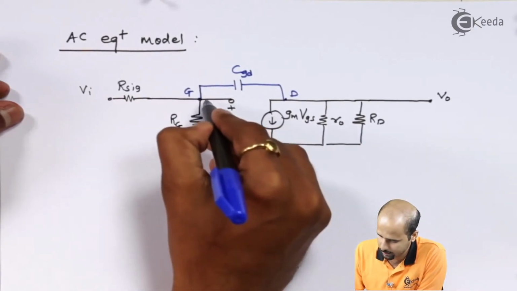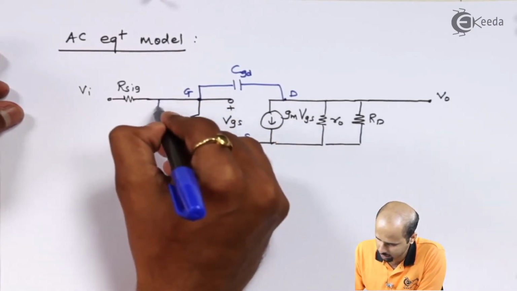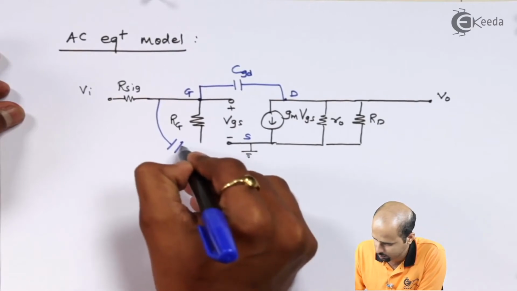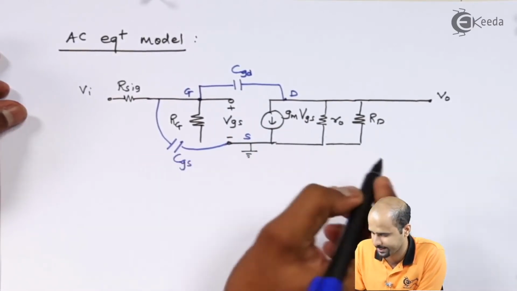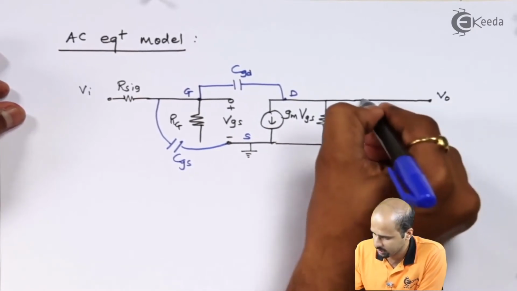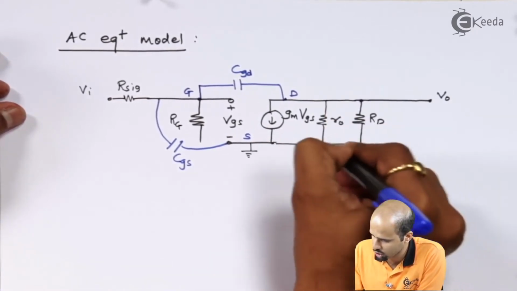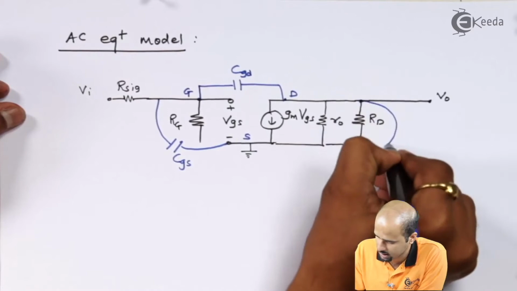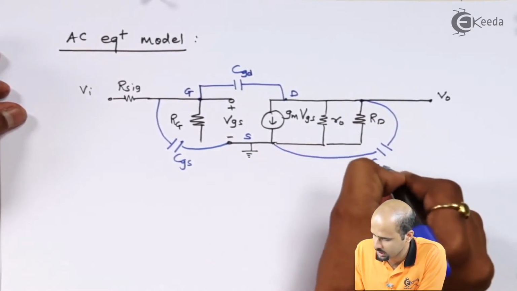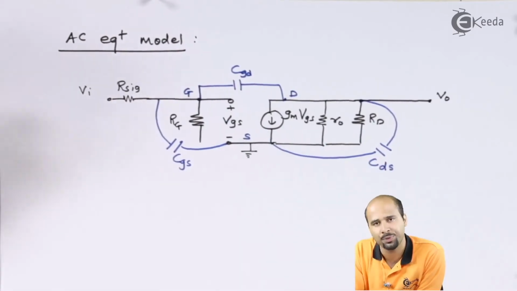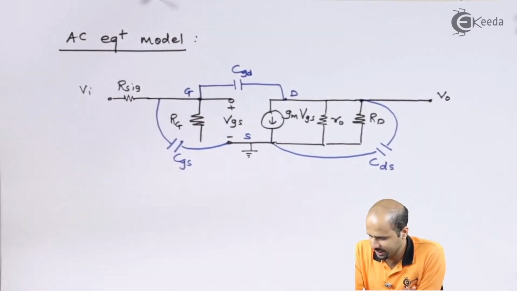Another capacitor between source and gate, its name is CGS. In between drain and source I will have another capacitance, its name is CDS. So these three capacitances.